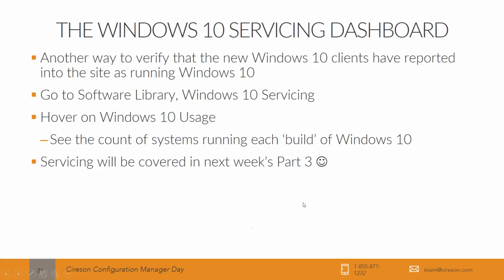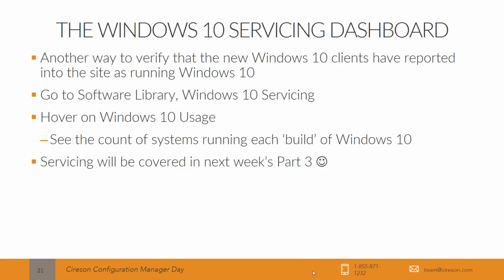Another thing to look at is in the current branch release of Configuration Manager. Those of you still running ConfigMgr 2012 don't have this, but there's now a Windows 10 servicing node inside the software library, just below operating systems. That is where all your Windows 10 clients are going to report into your environment for later management, such as automated upgrades.